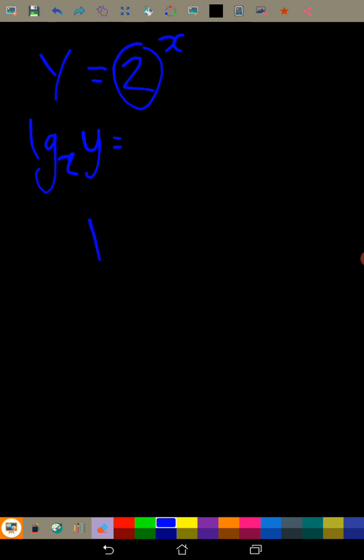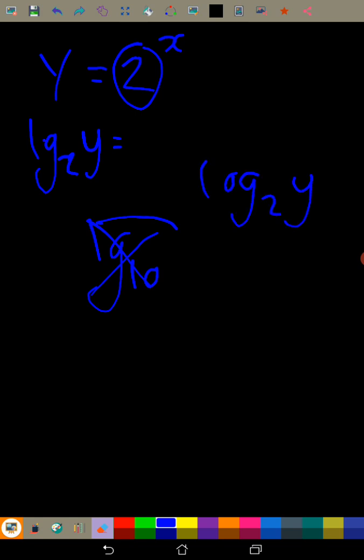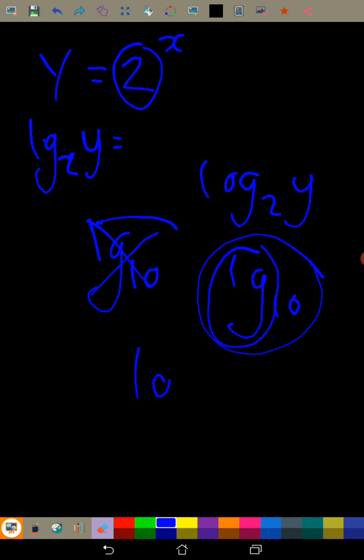I think lg is reserved for the base 10, so we should not use this here. We should use log 2. Why? Because lg is reserved for the base 10, I guess. That's something that comes back to my mind. So log to the base 10 we denote by this, so we already know that it's to the base 10.